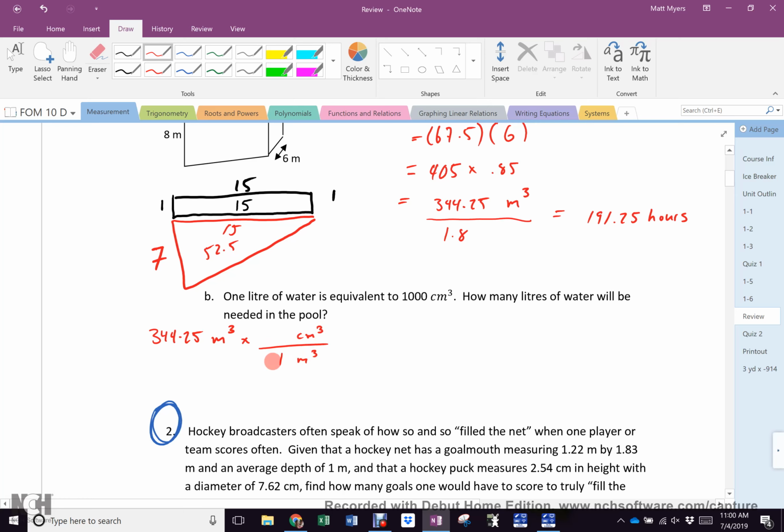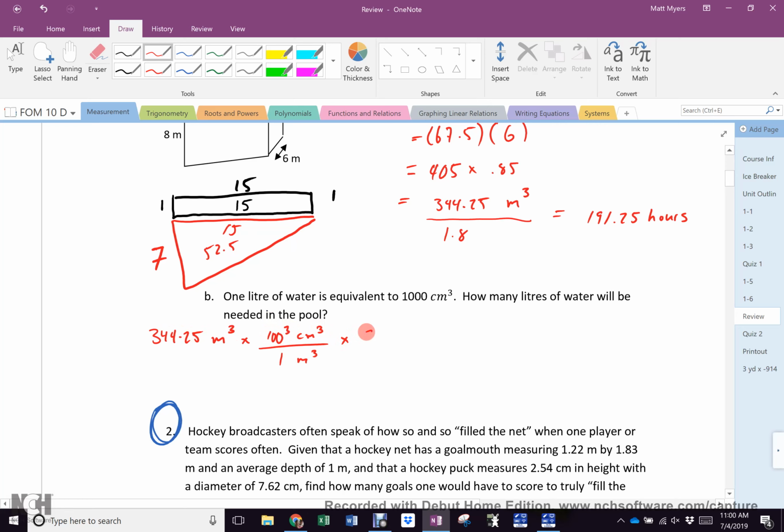Well, 1 meter is 100 centimeters, yes? But since it's cubed, I got to do it 3 times, right? 100 times 100 times 100. So this is 100 cubed times 344.25.